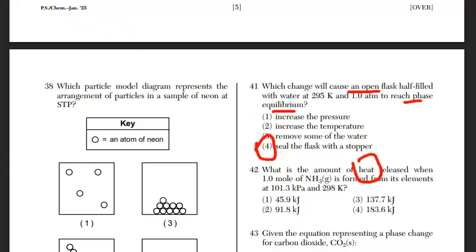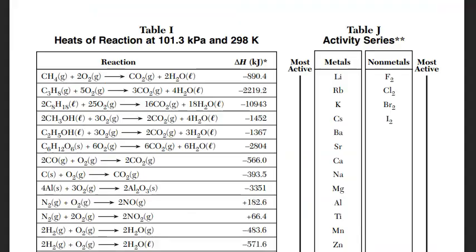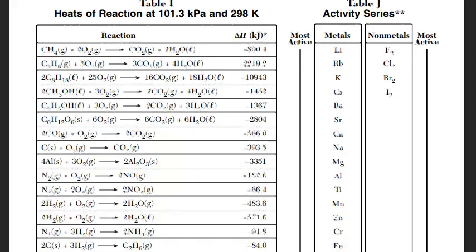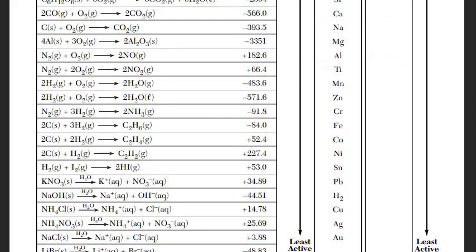Let's check it out. Here we are at Table I, labeled heats of reaction, and we're looking for the formation of ammonia. And we have to scroll down here, and lo and behold, here it is, 2NH3 gas.